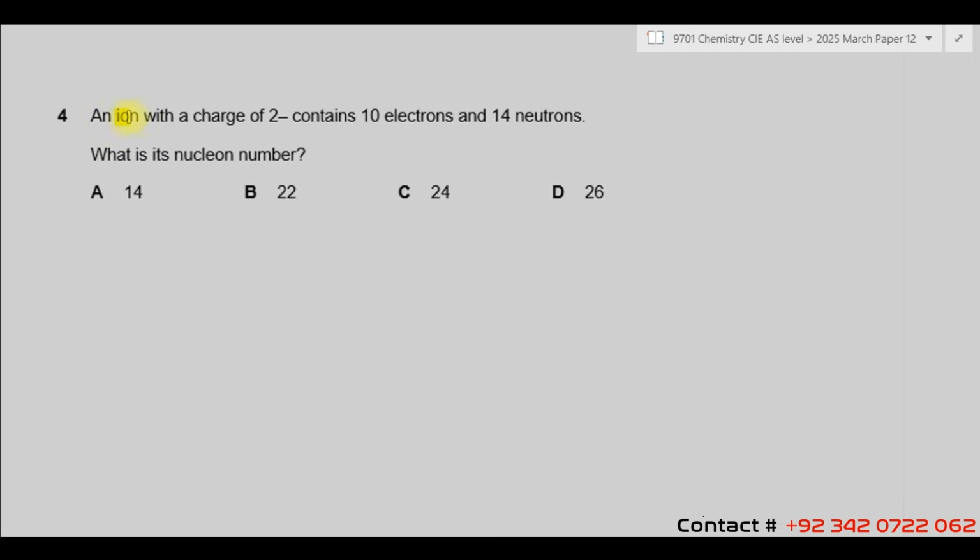Question 4. An ion with a charge of 2- contains 10 electrons and 14 neutrons. What is its nucleon number? This is a very simple question. Let's suppose the element is A. It has got a charge of 2-. So after 2- it has 10 electrons. So it means neutral A would have 8 electrons or 8 protons.